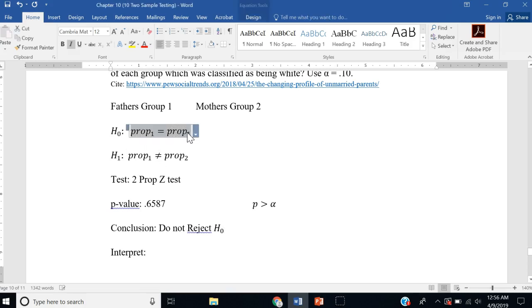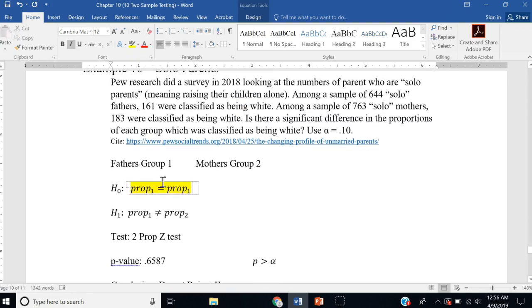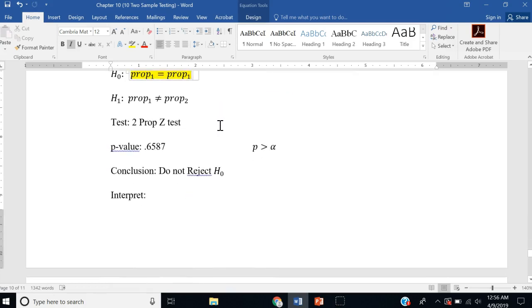What we're saying is that the proportion of solo fathers who are white is close to the proportion of solo mothers who are white.